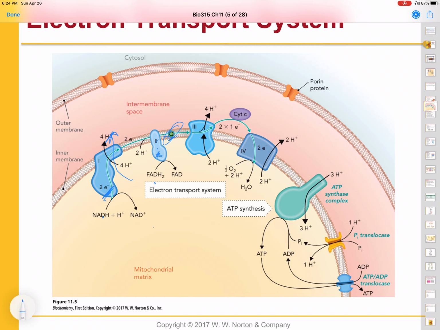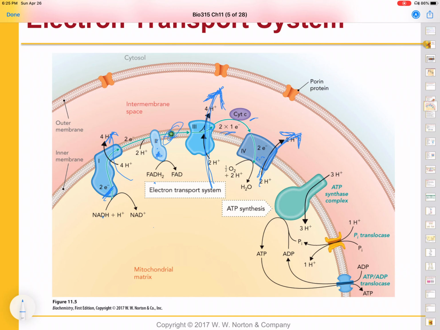Now, ubiquinone takes those electrons and pumps 4 protons into the inner membrane space for this pair of electrons, and then passes those electrons one at a time to cytochrome C. Cytochrome C will pass it on to complex 4, where 2 protons get pumped into the inner membrane space.